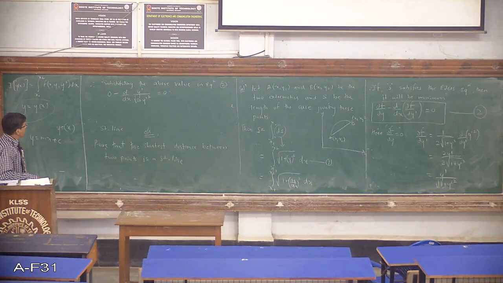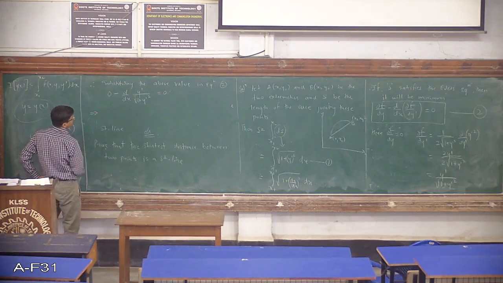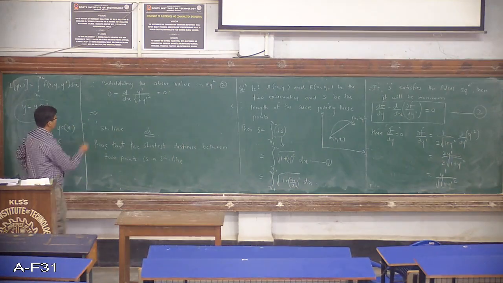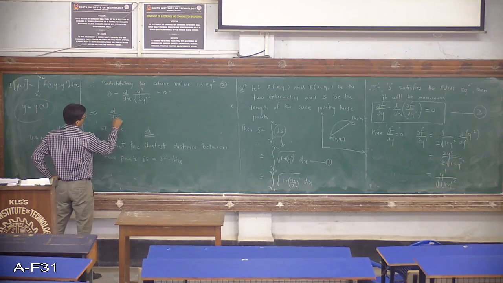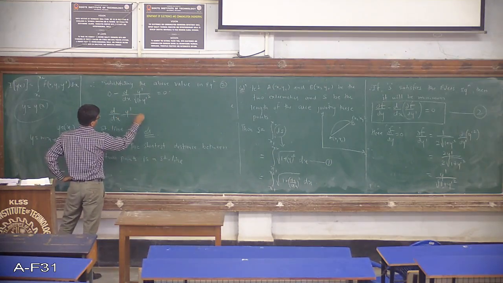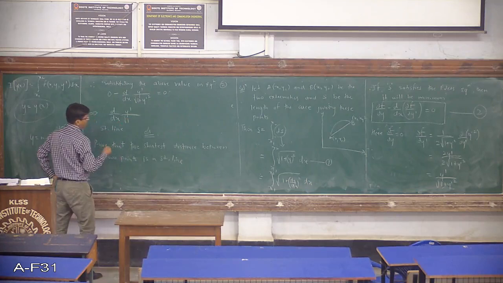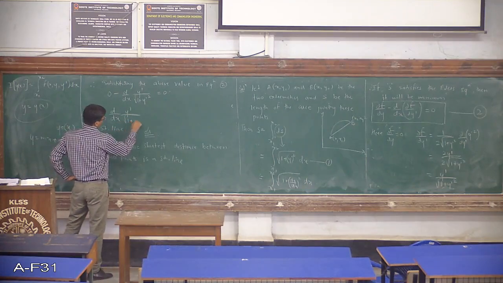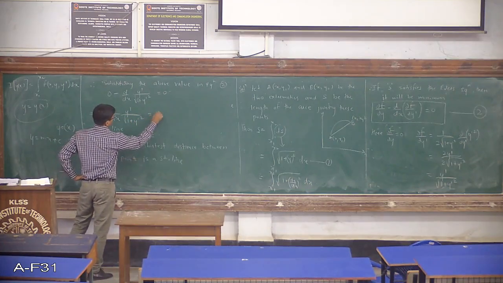Now once you have this particular equation, on rewriting this, it is a differential equation, so it is d by dx of y prime divided by square root of 1 plus y1 square equal to 0.